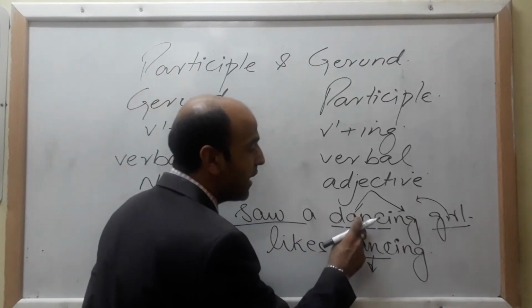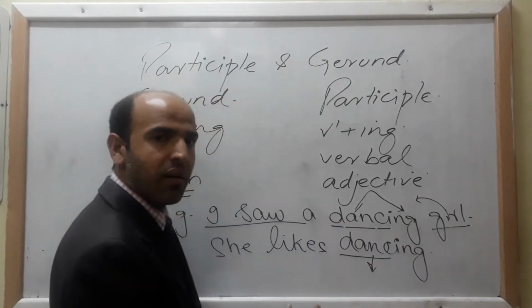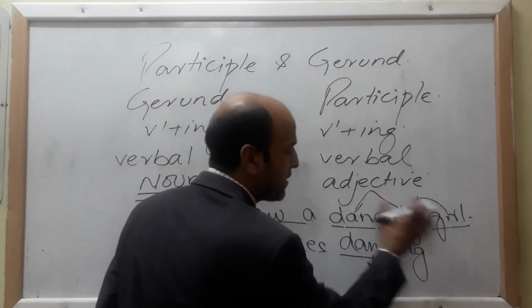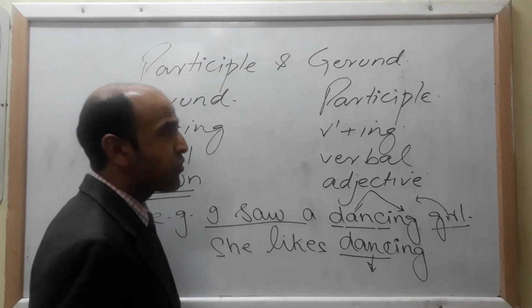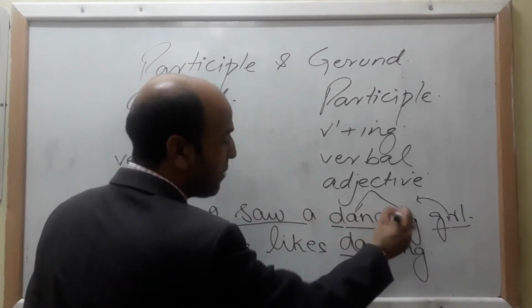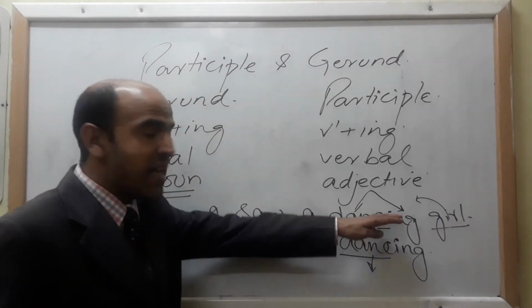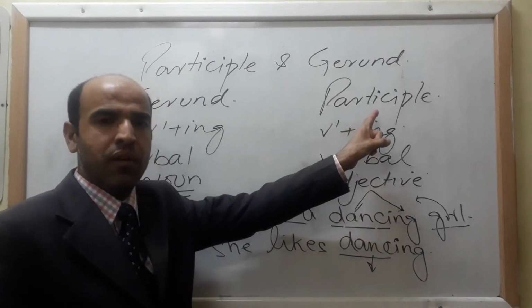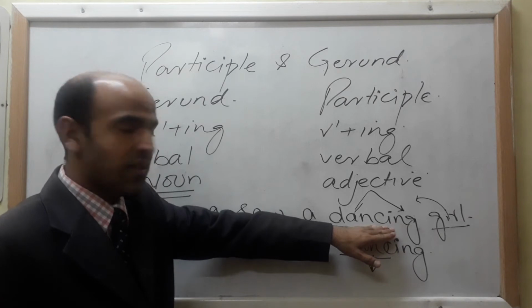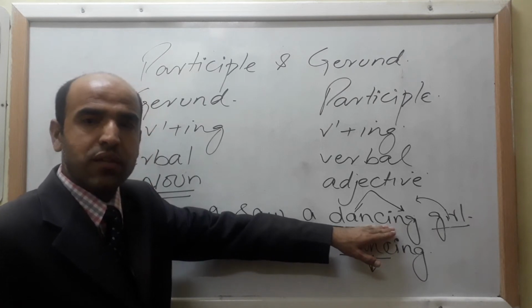Here, dancing is your participle, but it is functioning as an adjective in a sentence because it is telling you something about your noun, that is, a girl. So when V1 plus ing functions as an adjective in a sentence, this is definitely your participle. Although it looks like a verb, it functions as an adjective.